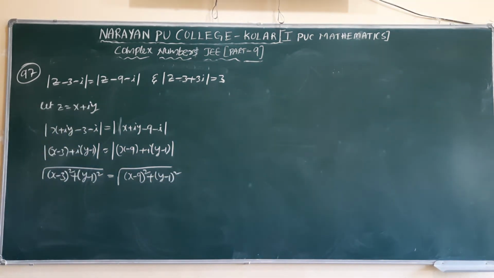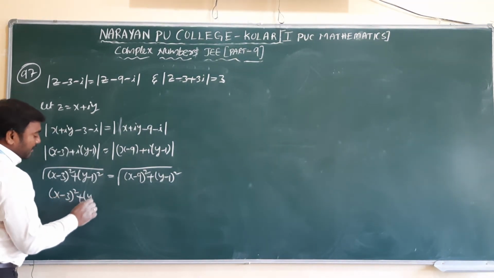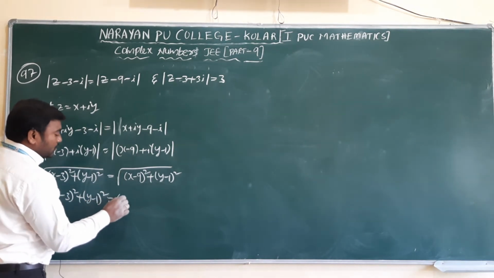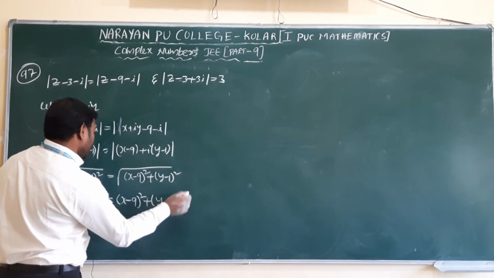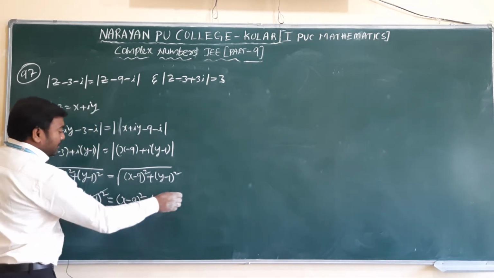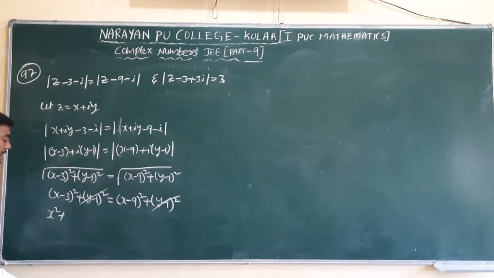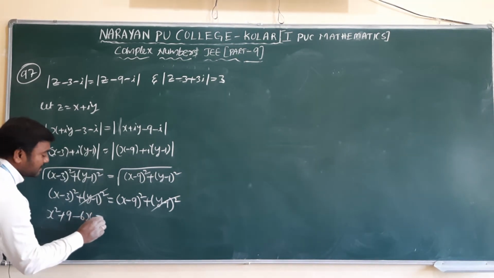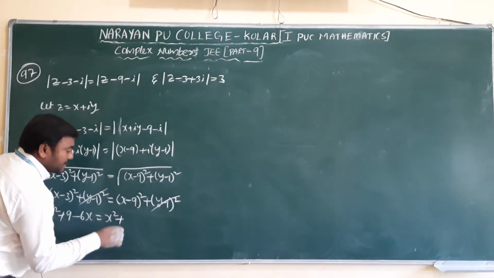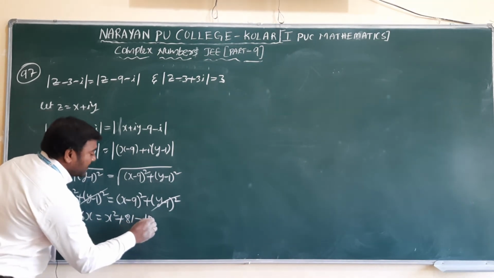Now squaring both sides we get (x − 3)² + (y − 1)² = (x − 9)² + (y − 1)². The (y − 1)² terms get cancelled. Remaining, applying the (a − b)² formula, x² + 9 − 6x = x² + 81 − 18x.